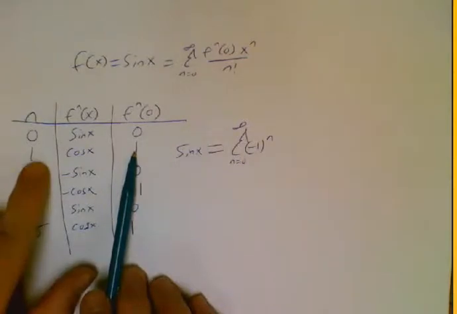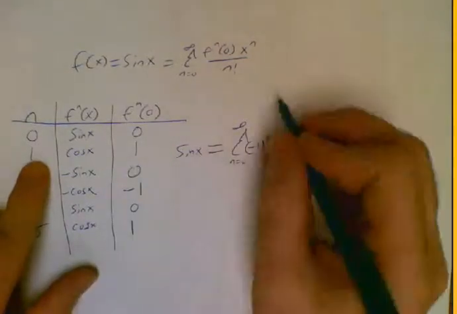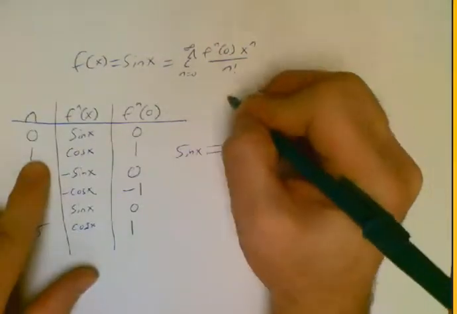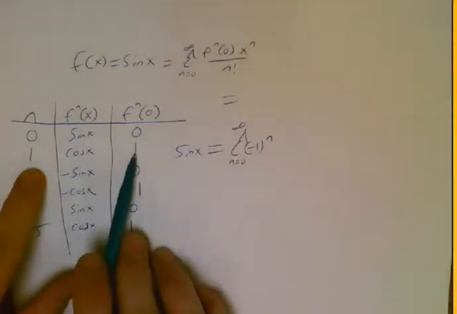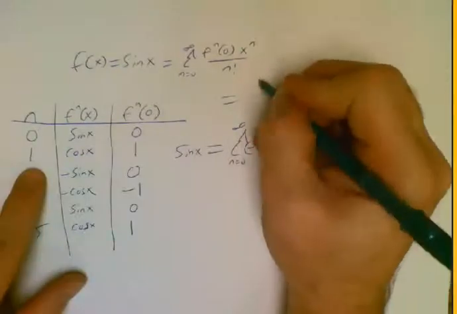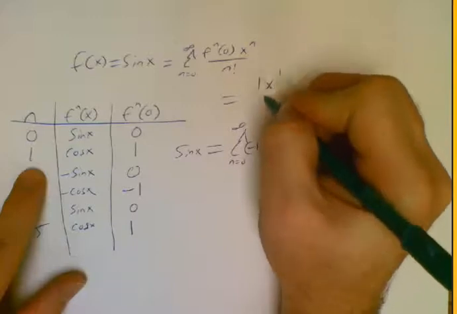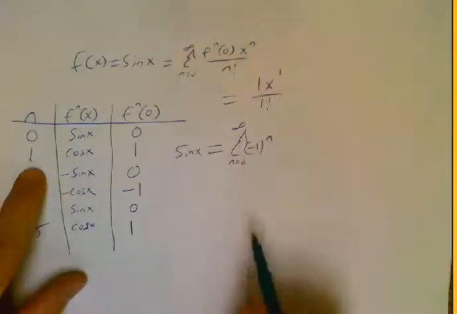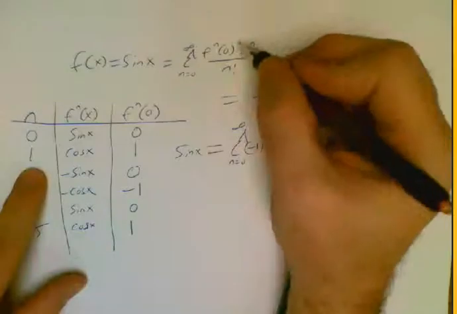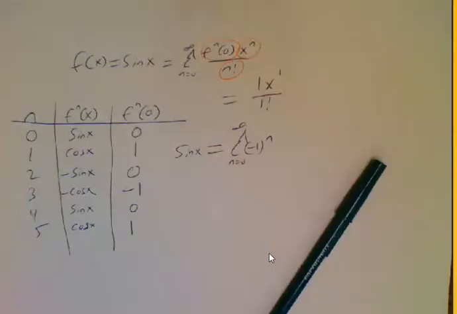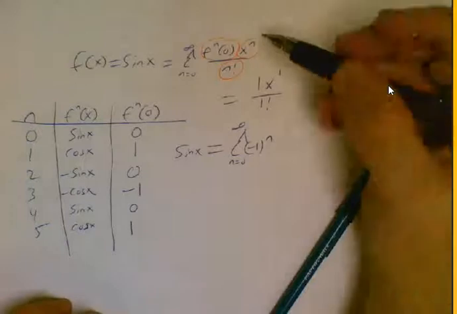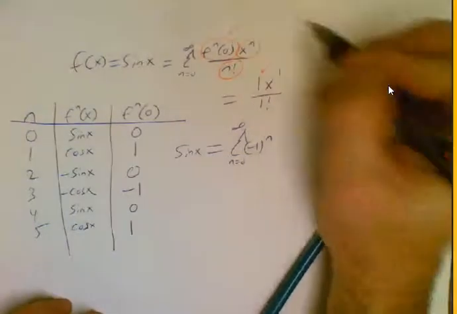So I have my first term. Actually, you know what? It might be easier. Let me list out some of these terms first. Maybe we'll see it better there. So my first term is going to be 1, x to the 1 over 1 factorial. Here's the 1 right there.